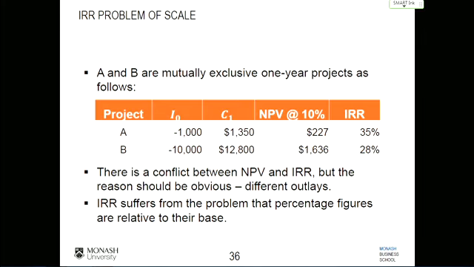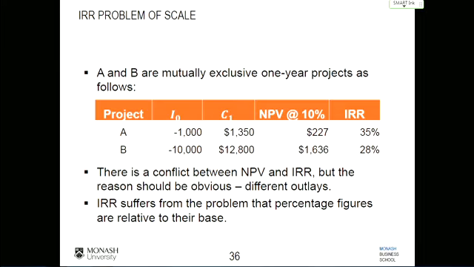You can see the initial investment here. This one can achieve 35% on the $1,000 investment. This one is only 28%, but it is on a $10,000 investment. So you can see that due to the difference in the scales of the two projects, the IRR can give you the return on $1 of investment, but the NPV can give you the dollar value that it will add to the value of the firm.